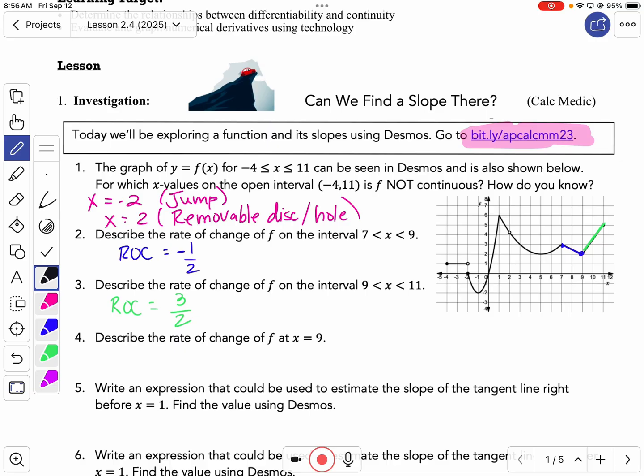Because we didn't include 9 in either one of those intervals. Any thoughts? Okay, so in Desmos it says -0.5, all right? So maybe it's that, okay? Could it be that it's somewhere between -0.5 and 3/2, since we've got two different slopes on each side?